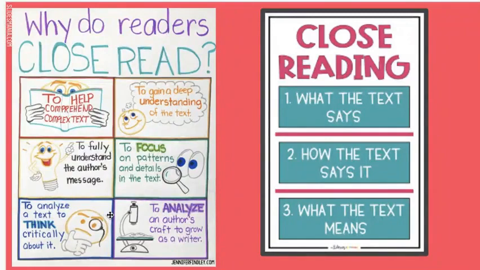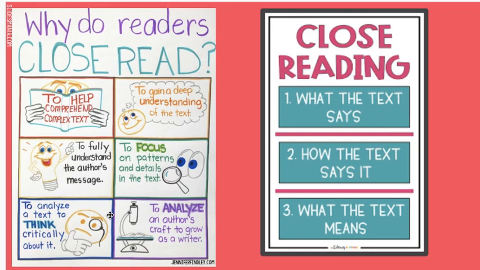Go to this next part. I just want to quickly touch base on this idea of close reading. So when you are close reading, you are really hitting a text multiple times. And there are many reasons why you would do that. But at the heart of it, you really want to understand what the text is about.